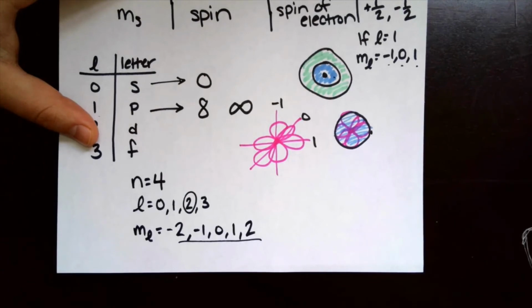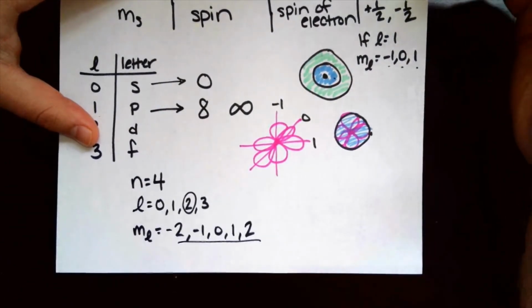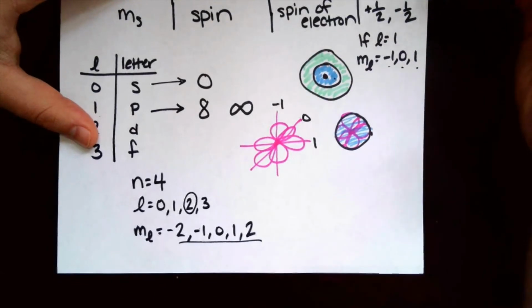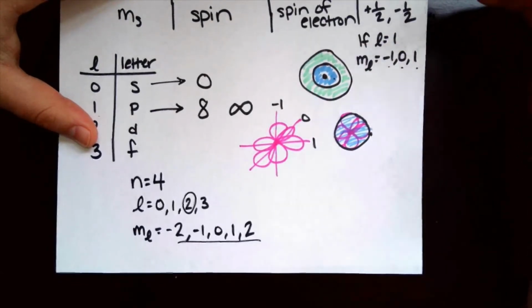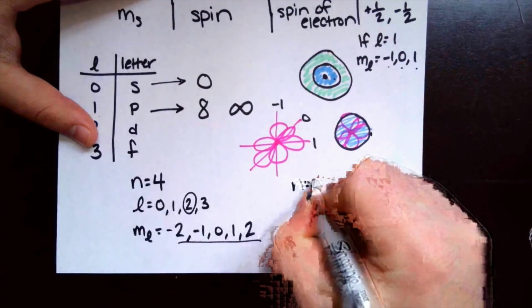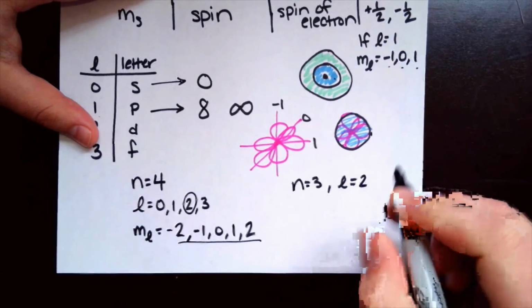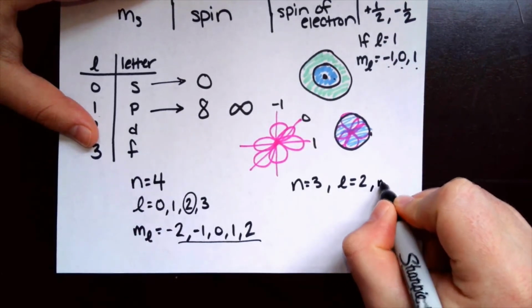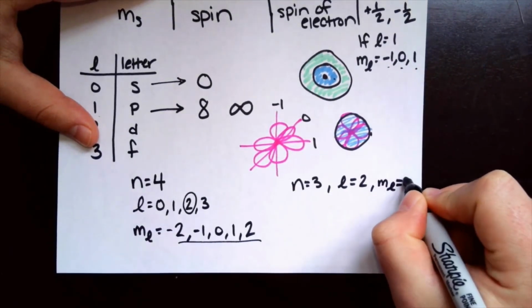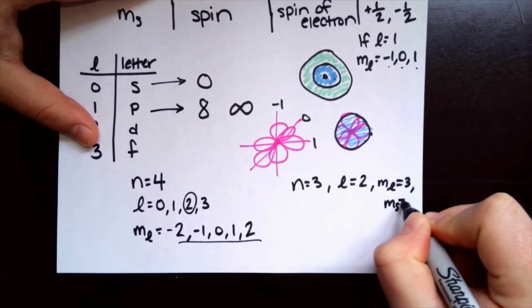Another type of question you could have is you could be given a list of 4 quantum numbers and asked, is this a possible set of quantum numbers? So let's say n equals 3, L equals 2, m sub L equals 3, and m sub S equals plus 1/2.